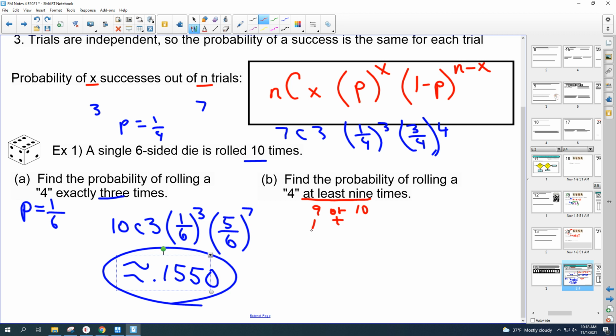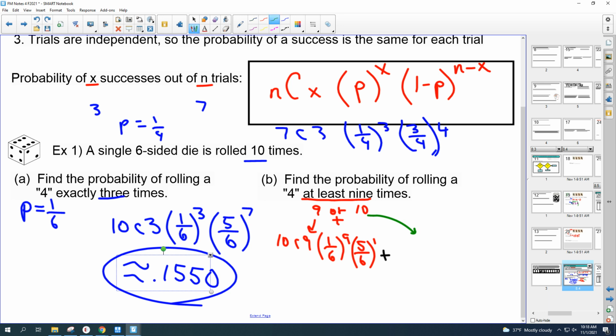So for the 9, I'm going to say 10 choose 9 times 1/6 to the 9th times 5/6 to the 1st. And then I got to do the same thing with a 10.